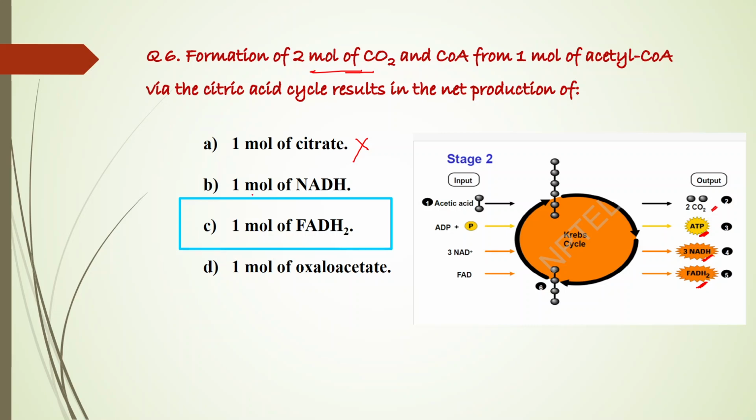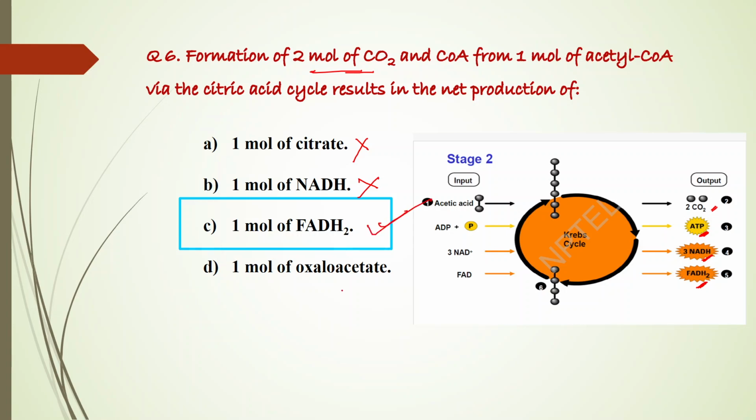The second option says 1 mole of NADH formation, but from this cycle we can see that we have 3 moles of NADH formation. So again, the second option is wrong as well. Third one is 1 mole of FADH2 formation. Definitely we have 1 mole of FADH2 formation, which is our correct option.